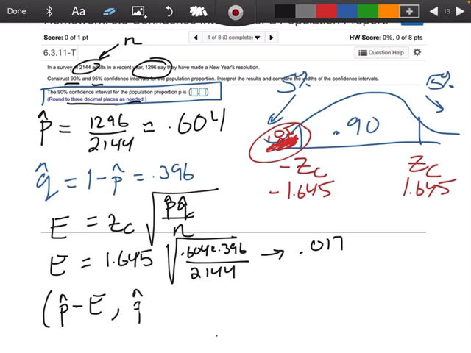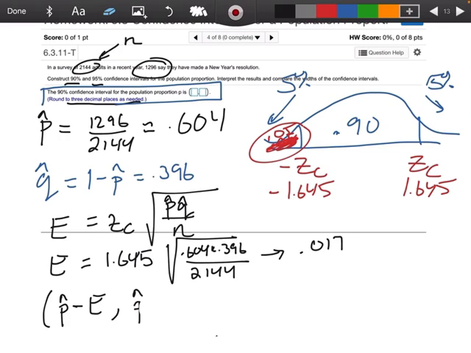So 0.604 minus 0.017 is 0.587, and I'll do it again, but with a plus in the middle, 0.621. So here is my confidence interval for the 90%: 0.587, 0.621.